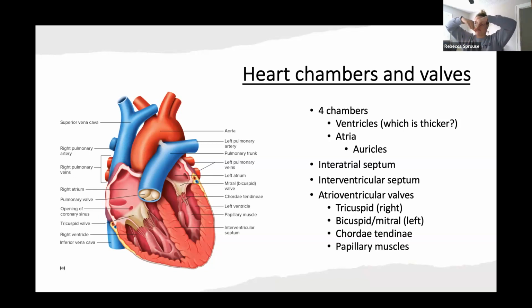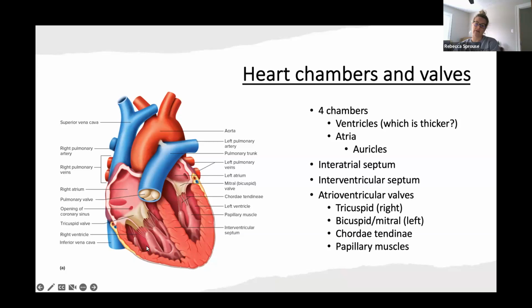We don't want it to come up like this too far, because then what's going to happen is blood from this area is going to creep back up into blood of this area. And what we'll find out is that blood needs to go from atria to ventricle, not from ventricle to atria. And so the point of those chordae tendineae and those papillary muscles is to keep those cusps at a kind of flat transverse line when they're closed.